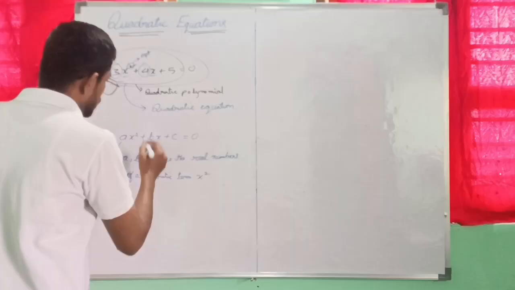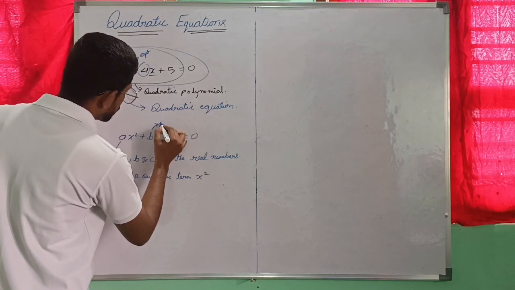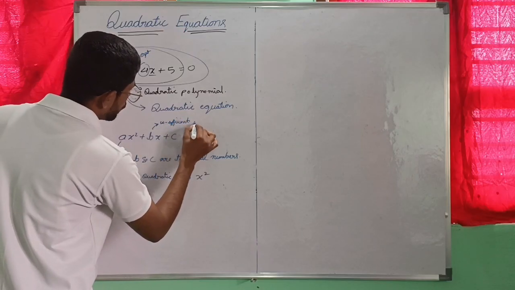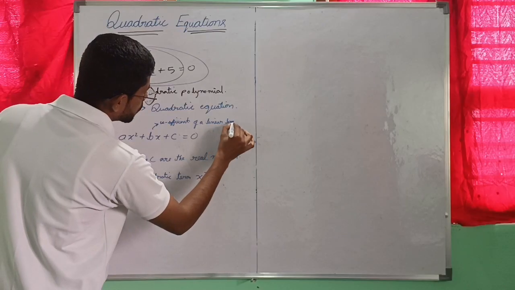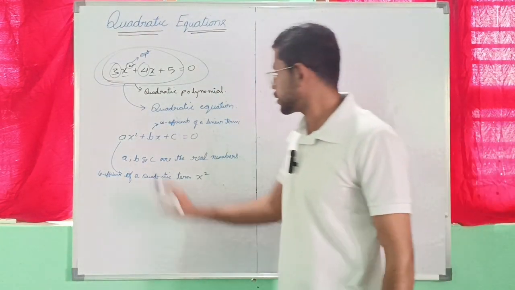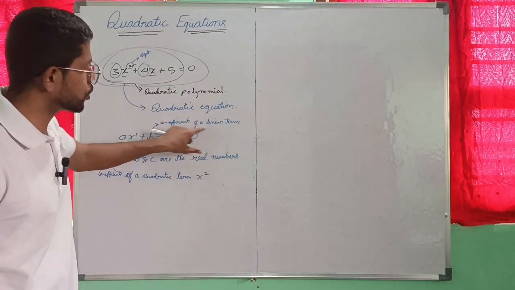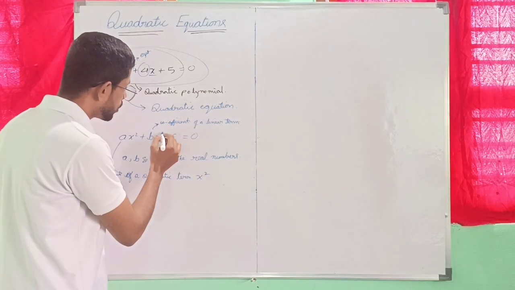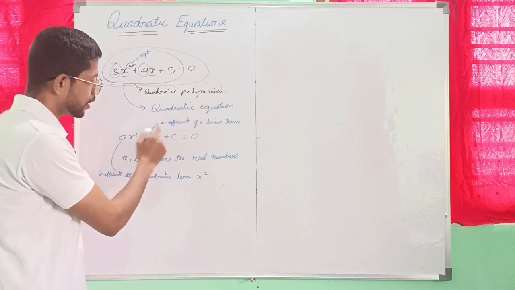This b is the coefficient of the linear term, because the degree of the variable x with coefficient b is 1, its power is 1.